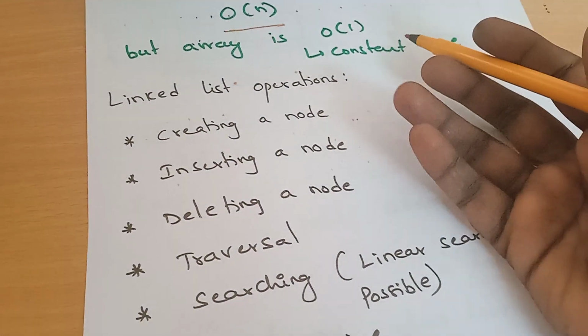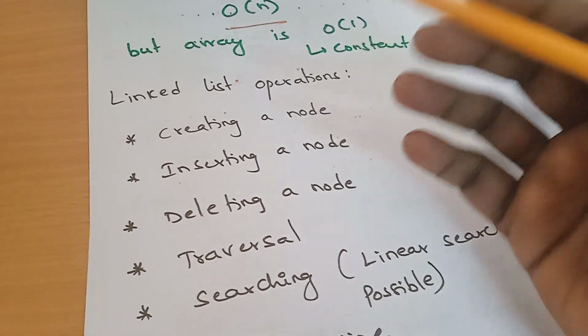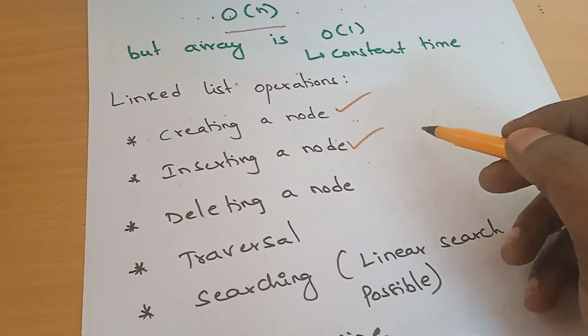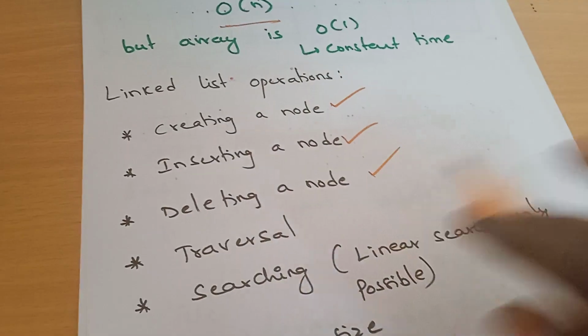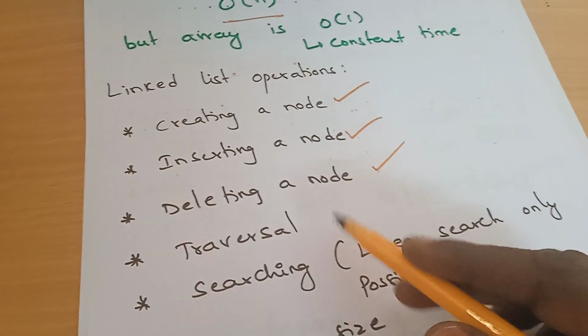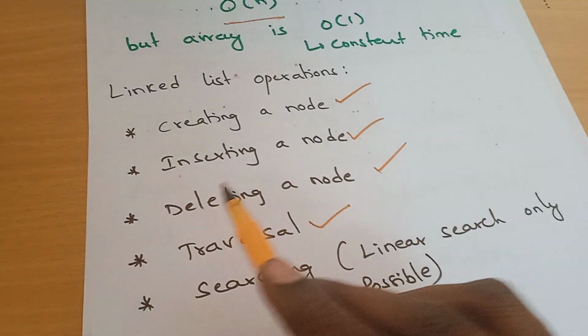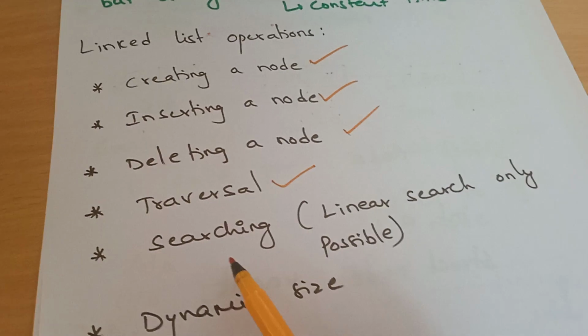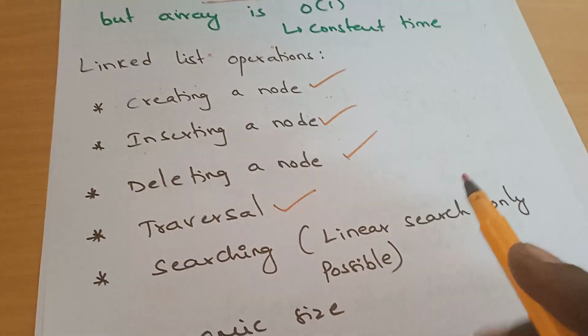What we can do with a linked list, how we can implement a linked list: you can create a node, you can insert a node in between, you can delete a node from anywhere, you can traverse from the first to the last, and you can search.